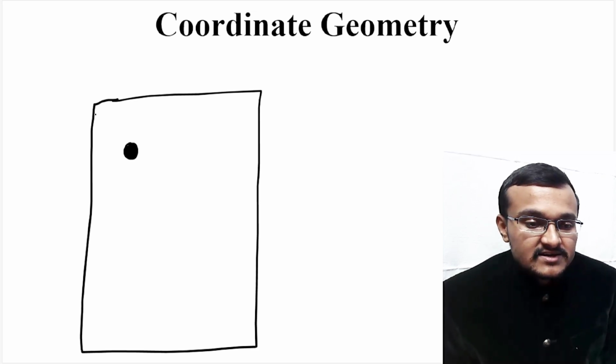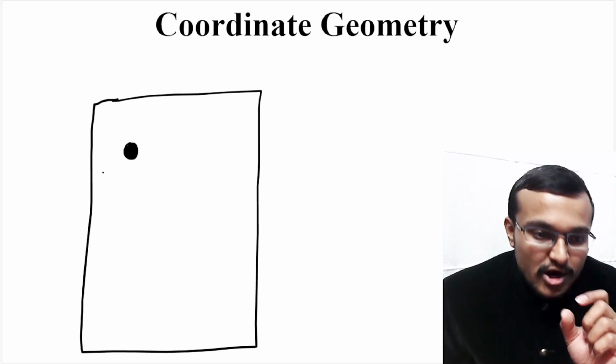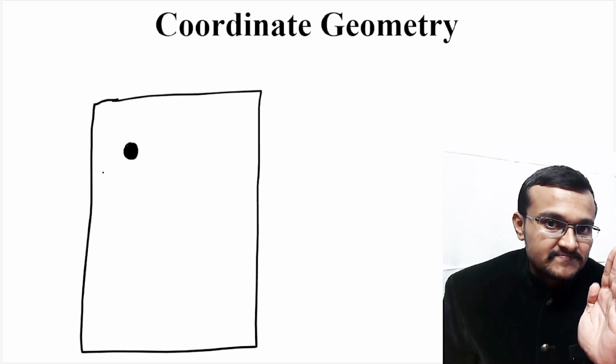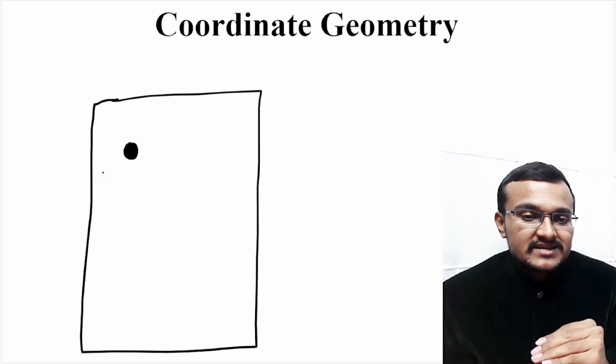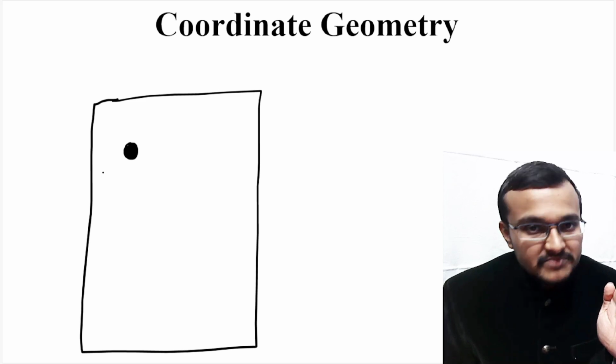What you might say is that the dot is on the upper left hand side. The dot is in the upper side of the paper and it is towards the left hand side of the paper.